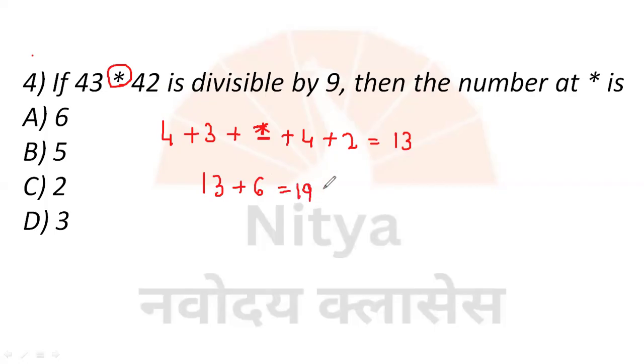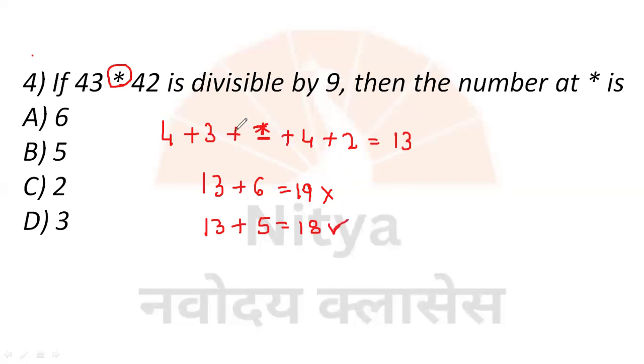So 19 is not divisible by 9 because it does not come in the table of 9. If we add 13 plus 5, 13 plus 5 is 18. So 18, 9 twos are 18. So this is divisible by 9.